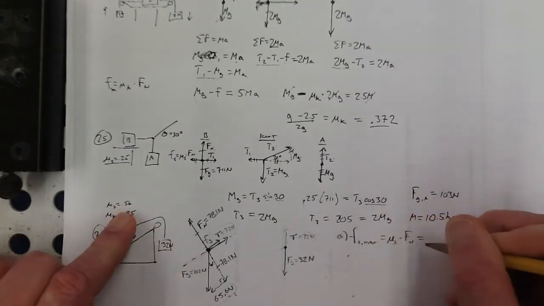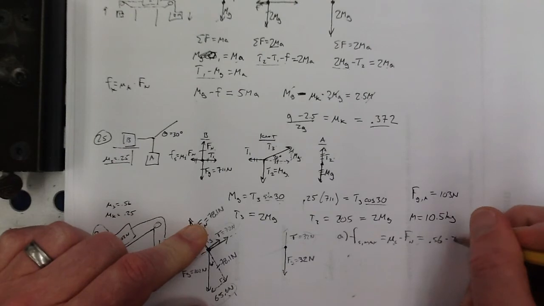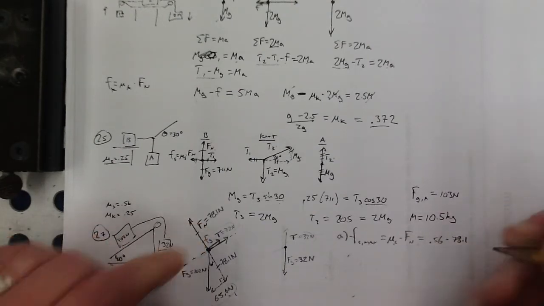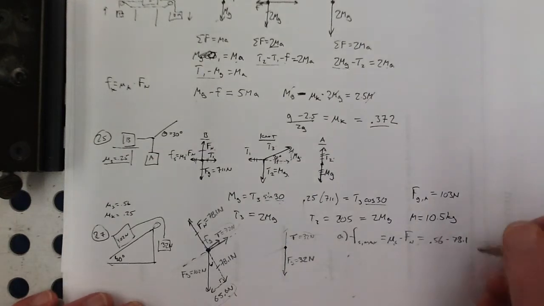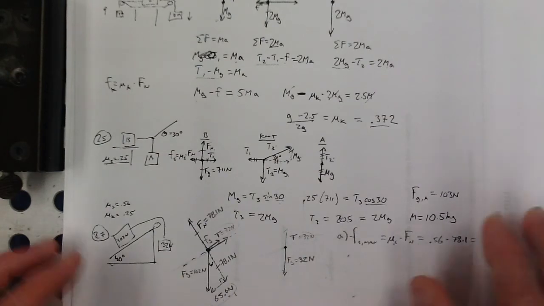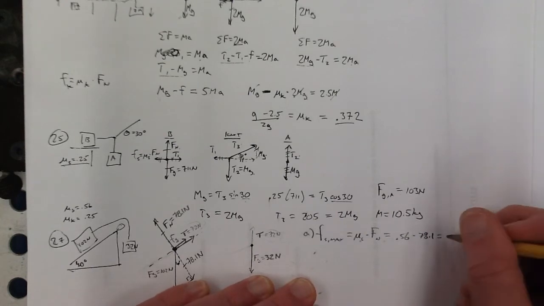Well, it's the static coefficient times the normal force. And that looks like it's going to be enough, doesn't it? So that maximum static friction that we could get is about 43.7 newtons.